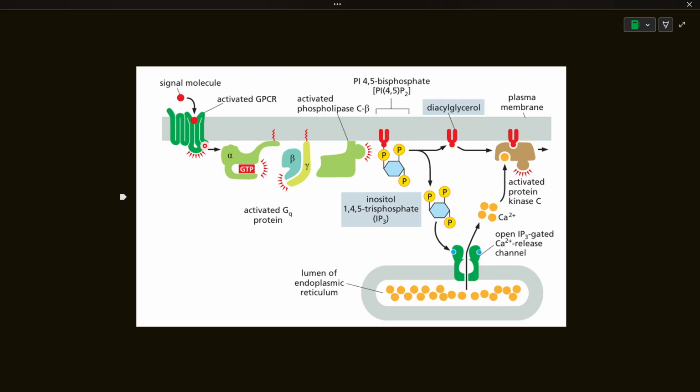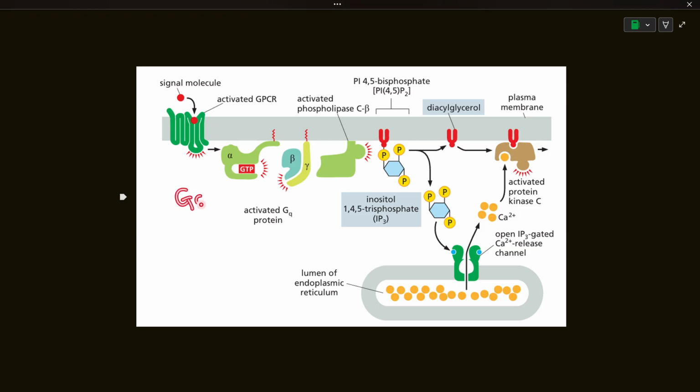The signal molecule will come and bind to the GPCR, the receptor protein, and it will trigger conformational changes in the receptor protein, right? Those conformational changes will result in the activation of GEF, the guanine nucleotide exchange factor, which is going to replace the GDP that was bound to the G protein.